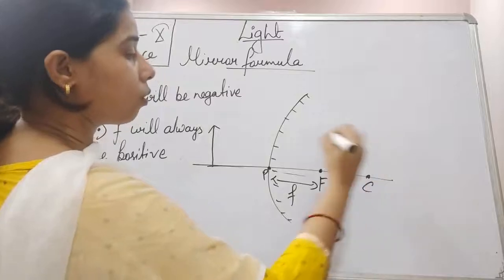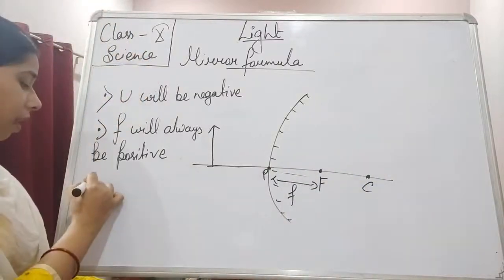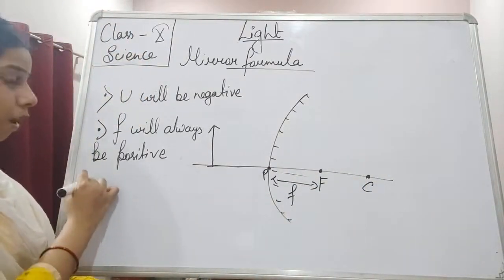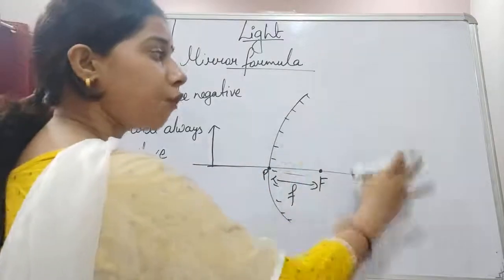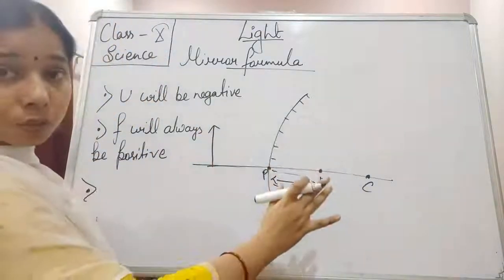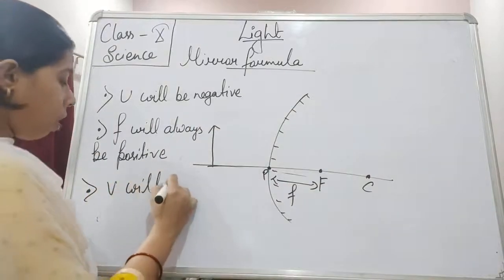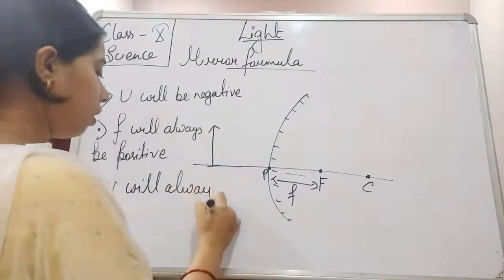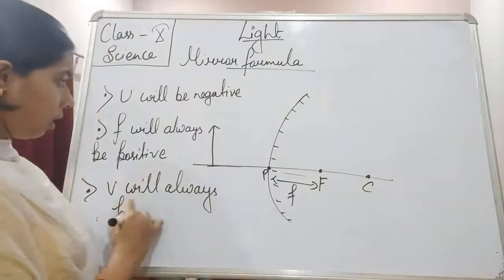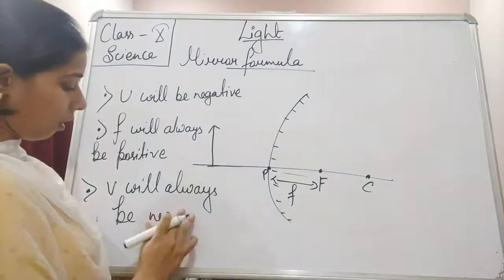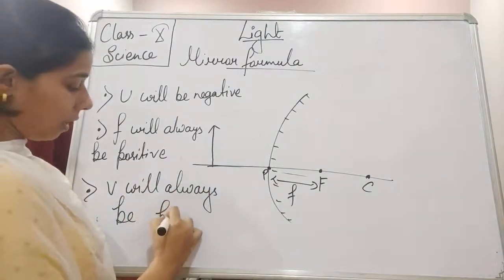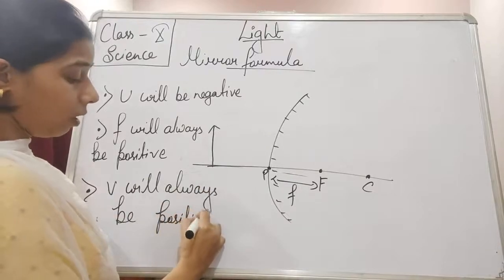This is the center of curvature. And the next one, the image is always formed at the right side, students, so v will always be positive.